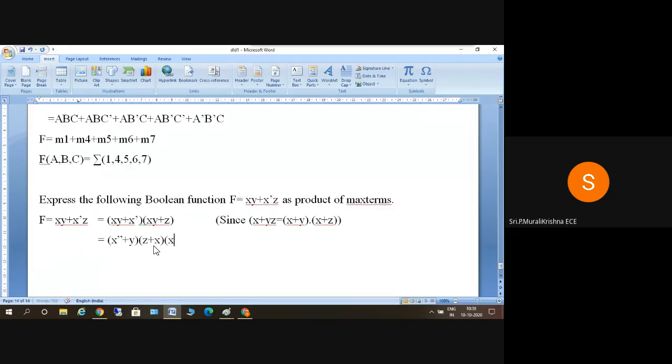So sorry, this is x plus x bar y. It is x bar plus y. That's fine. Any mistake there?